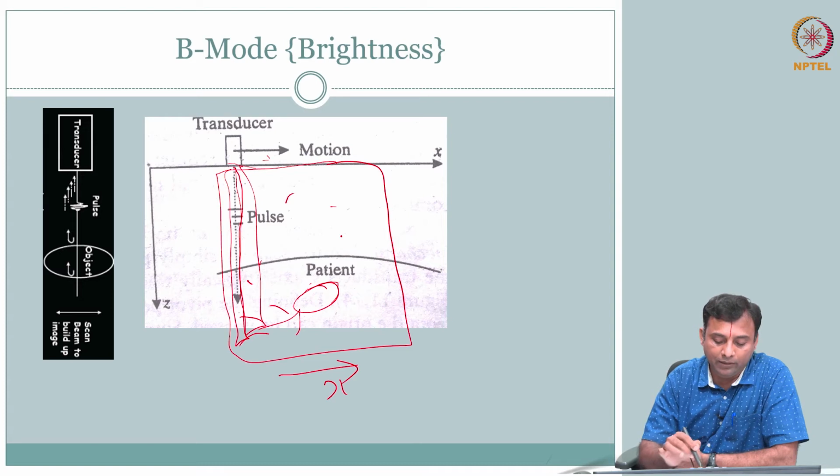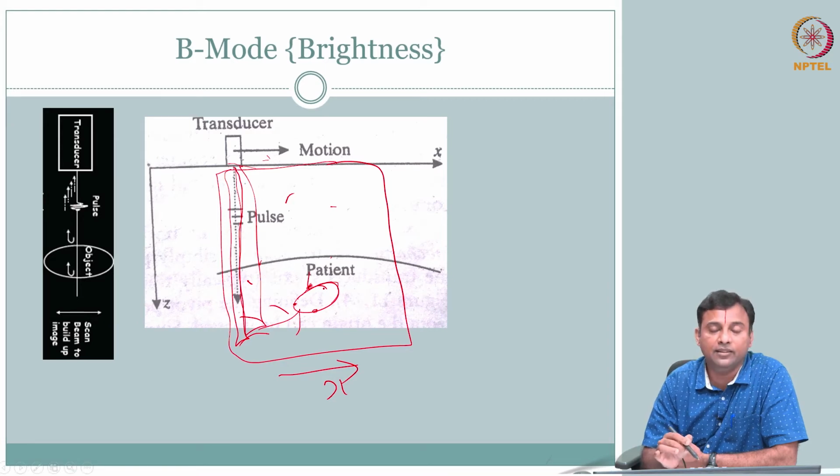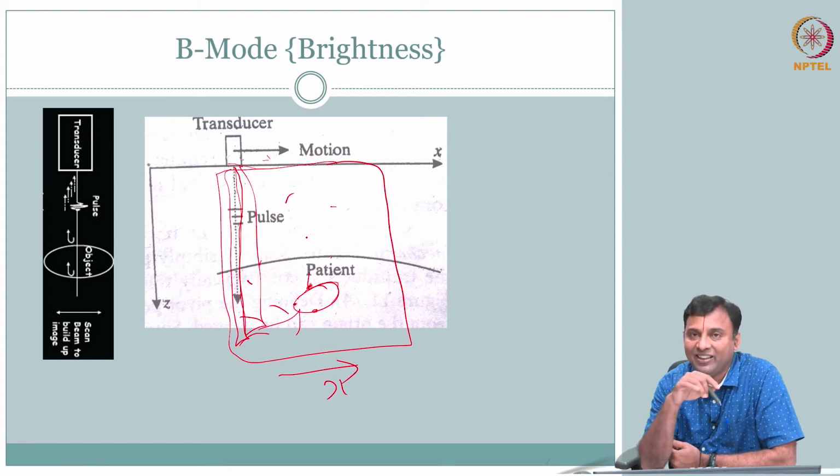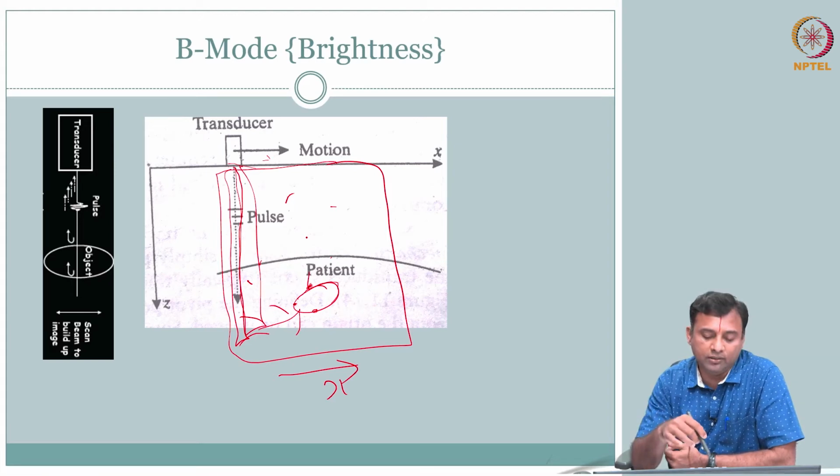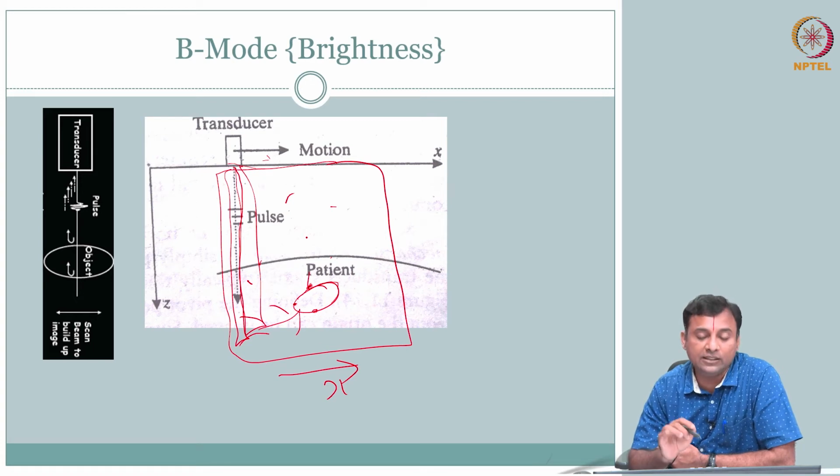They will be scattered, but the interface reflection coefficient will probably be closer here, farther away here, farthest away here. So that is how you see the outline of the baby. Wherever there is an interface change or some other organ, this is how imaging is done.